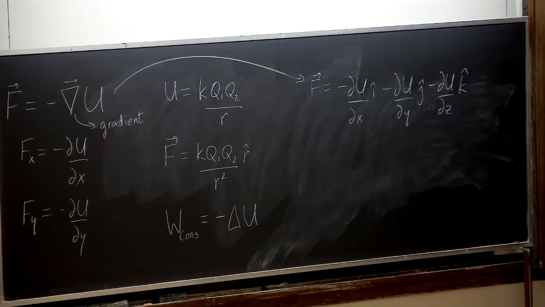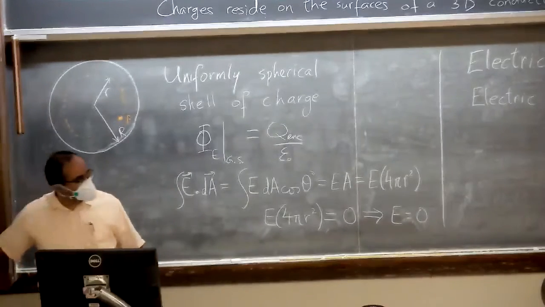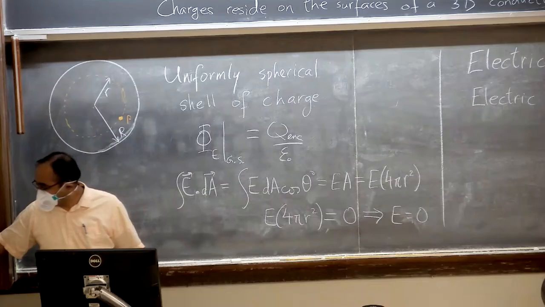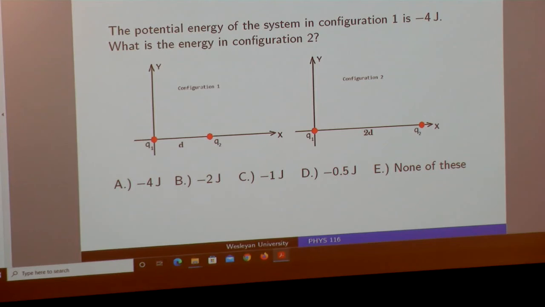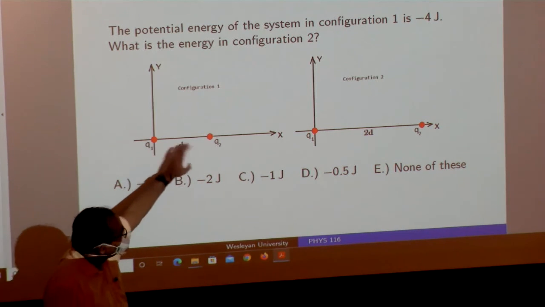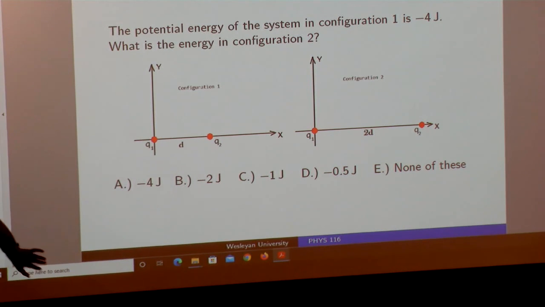No? All right, so we'll do a few more multiple choice questions. Let's do a couple of questions. So configuration 1, your charges Q1, Q2, separated by distance d. Energy is -4 joules. What is the energy in configuration 2?